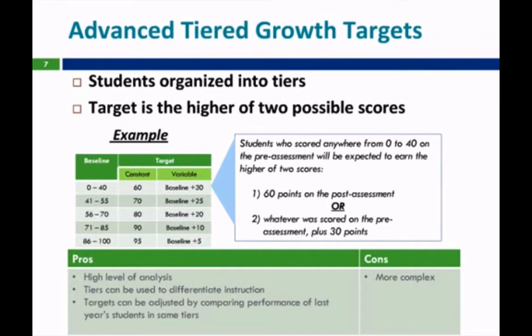So does that make sense? Notice how that student at a 40 ends up with a target of 70, and the student at a 41 ends up with a target of 70. So it's a much more reasonable target setting process in some situations, even though it's a little bit more complex.